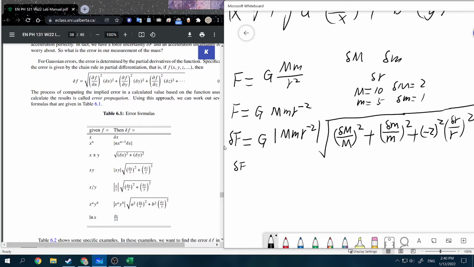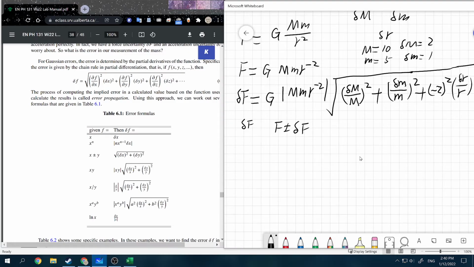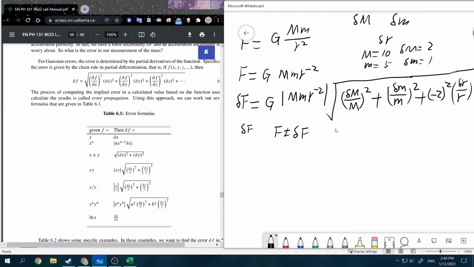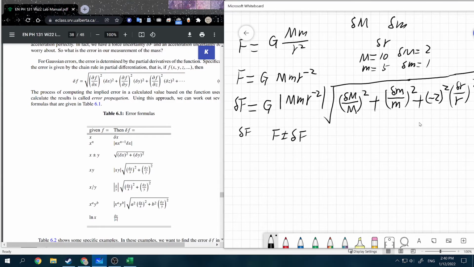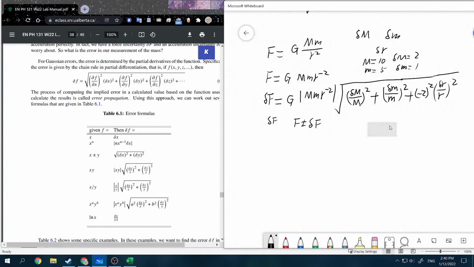Then what you get is f plus or minus area of f, and that is what you're going to be getting for that kind of question. That's a good way of calculating the error. I like this way because it's simple and you don't have to do partial derivatives. You just apply a table.